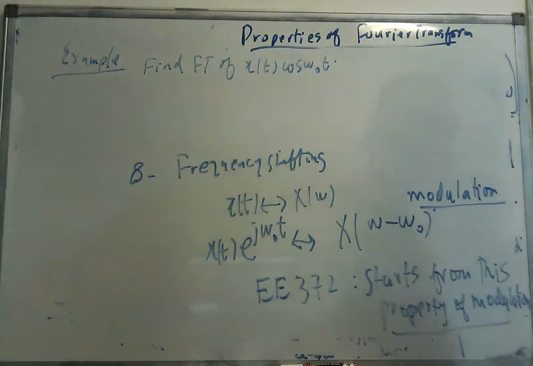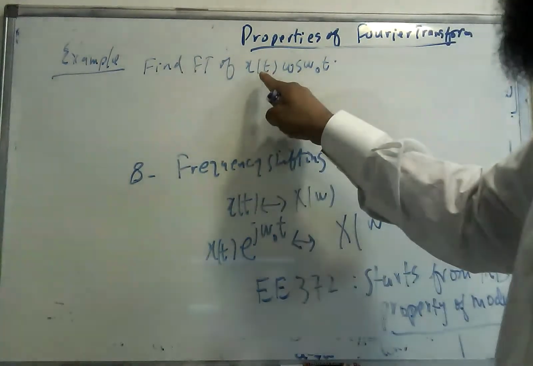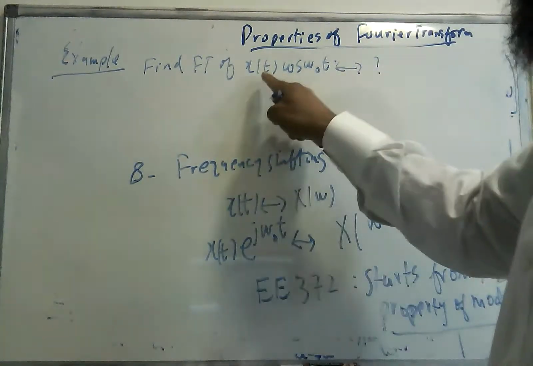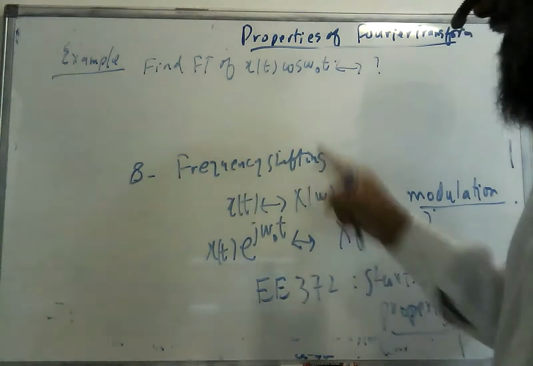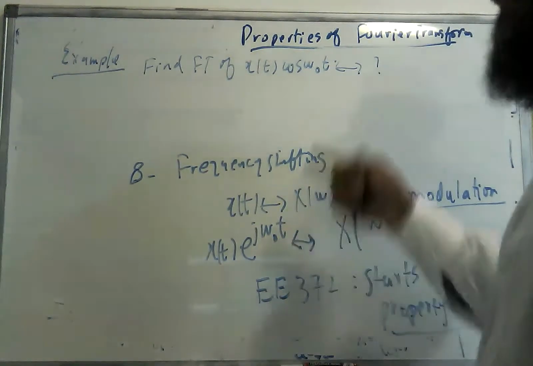Now, we don't know the Fourier transform of a function multiplied by cosine. But we do know it when we multiply the function by an exponential. And we also know what a cosine is.